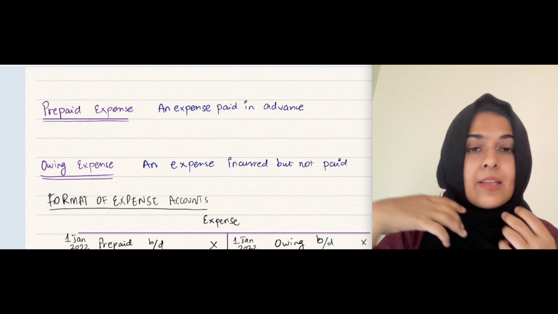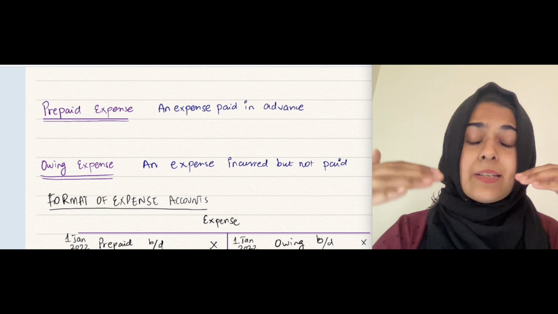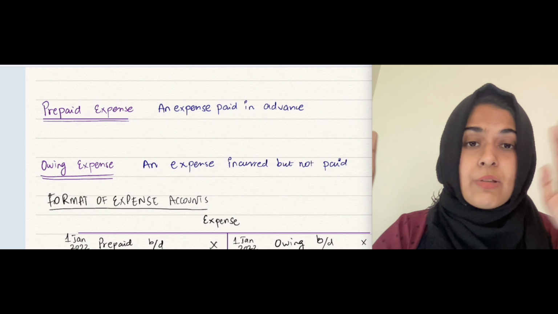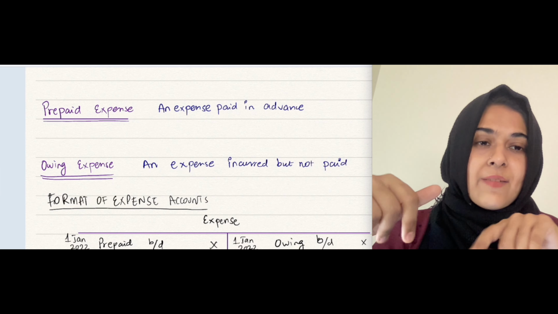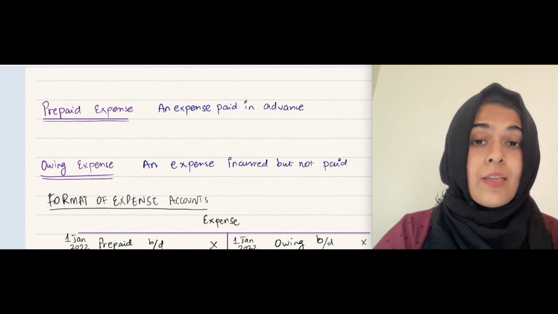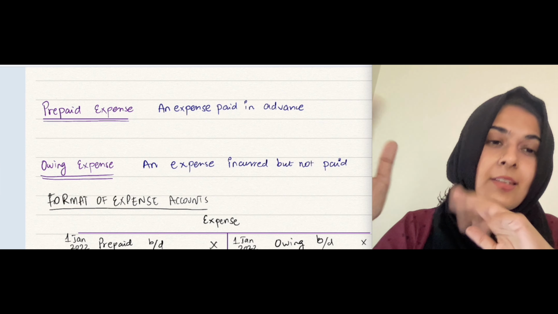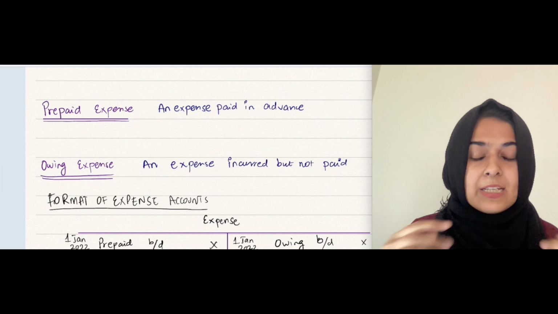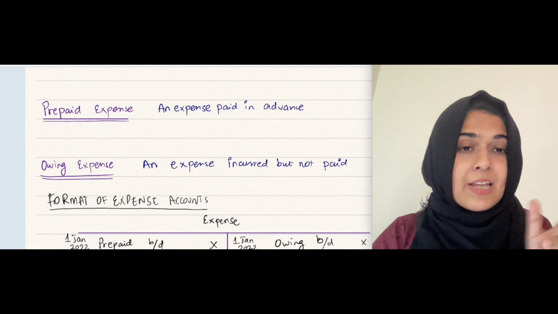सिमिलरली ओइंग एक्सपेंस क्या होता है, तो अगर कोई एक्सपेंस इनकर हो जाए, कोई जगह आपने लेट्स से कोई रेंट पे आपने जगह ली हुई है और आपने वो जगह पूरे साल के लिए यूज़ कर ली है. सो इफ़ यू यूज्ड इट फॉर द होल ईयर यू हैव इनकर्ड द एक्सपेंस. हाउएवर इफ़ यू लेट्स से द रेंट फॉर द होल ईयर वाज 12,000 एंड आई पे 8,000, सो दैट मीन्स मैंने 4 महीने का रेंट पे नहीं किया है, सही है, लेकिन मैंने यूज़अप किया है. ओके, सो अकाउंटिंग में ये जो चीज़ है कि आपने यूज़अप किया है बट आपने 4 महीने का रेंट पे नहीं किया.